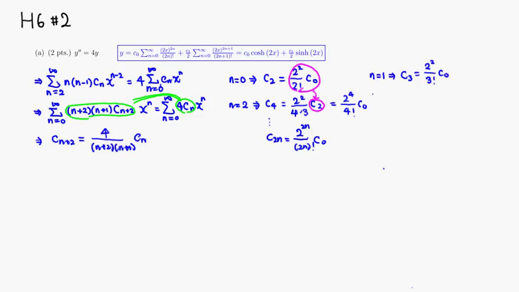Then we're going to do n equals 3, and we can find c5, which is equal to 2 squared over 3 plus 2, so 5 times 4, times c3.